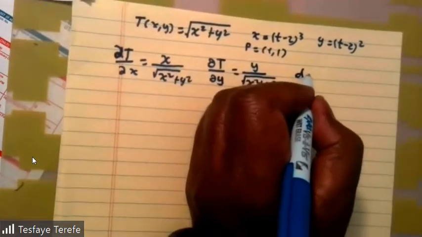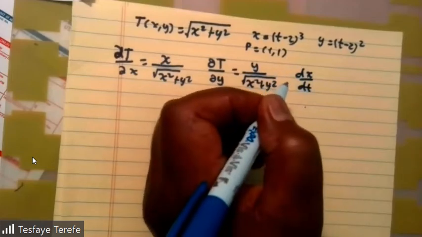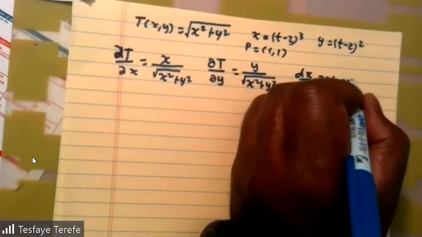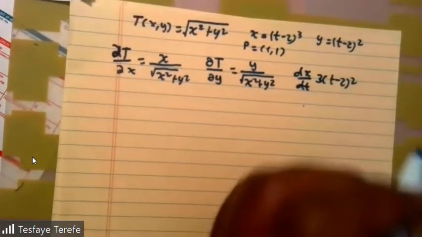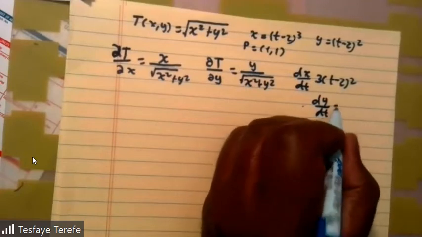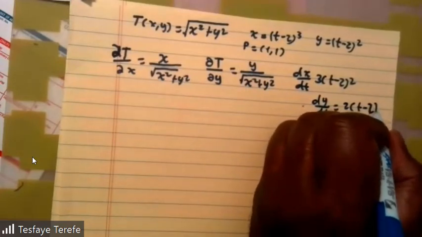And we need to find dx/dt. This is total differential, which is 3 into t minus 2 squared. And the last one is dy/dt, 2 into t minus 2.